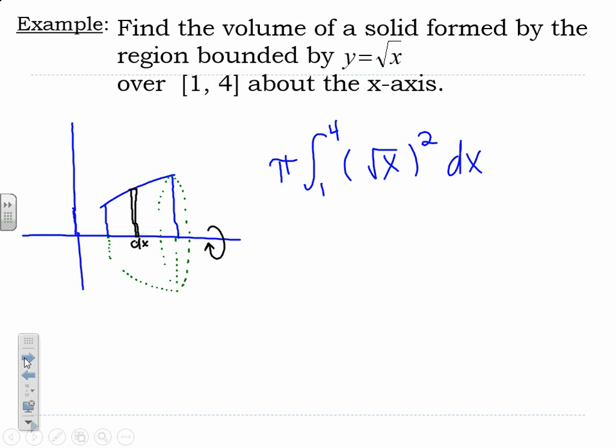Check with your neighbor to make sure you're getting the same thing. You're getting there. I would definitely wait for the pi until the very end.